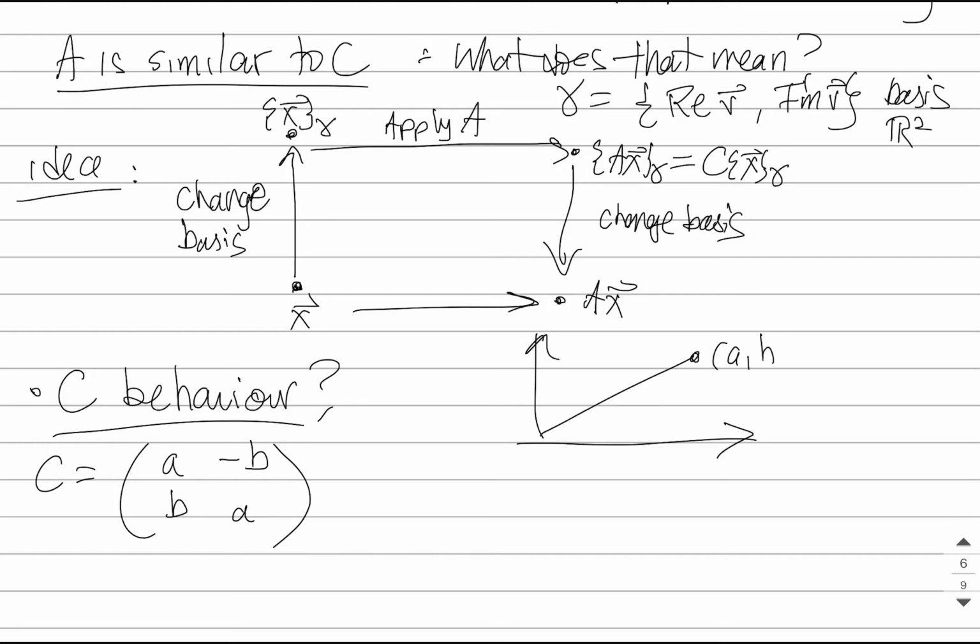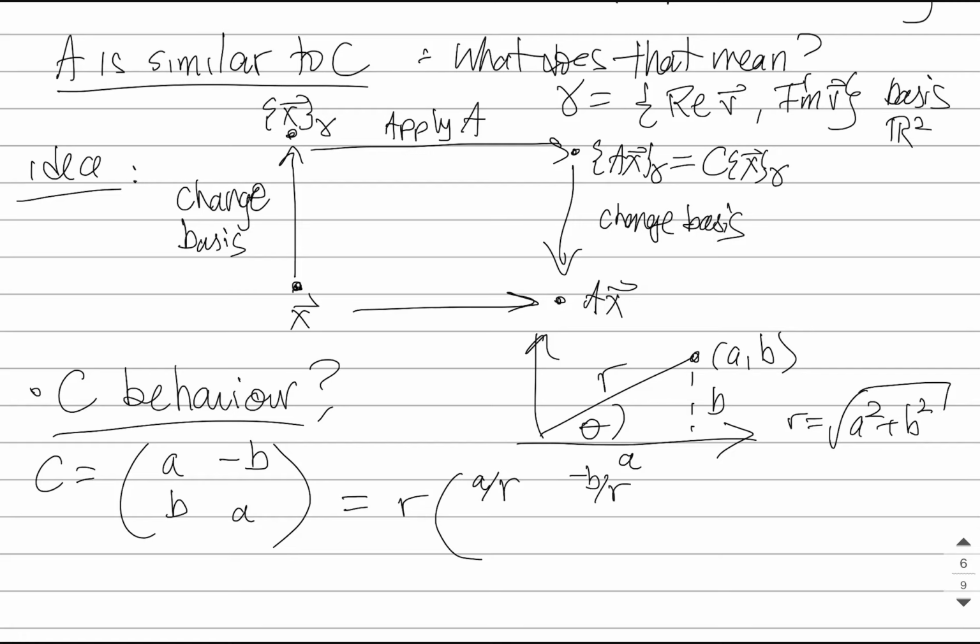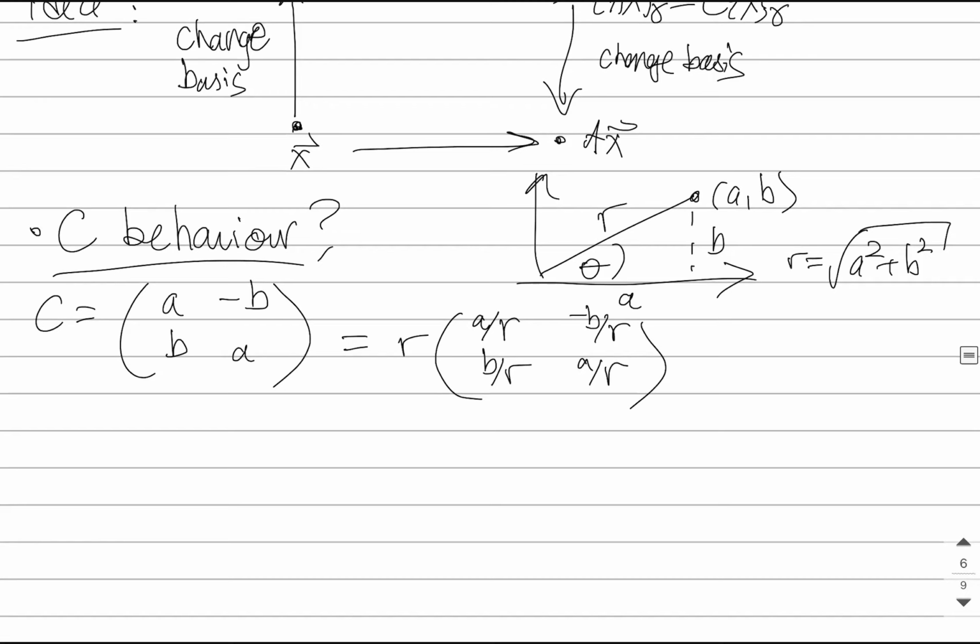All right, C is this matrix, A, negative B, B, A. Let's use polar coordinates again. And let's define that R is the square root of A squared plus B squared. If I wanted to, I could write this by factoring out an R and having A over R, negative B over R, B over R, A over R. And if I were to use polar coordinates again, I'd have an R times cos theta, negative sine theta, sine theta, and cos theta.